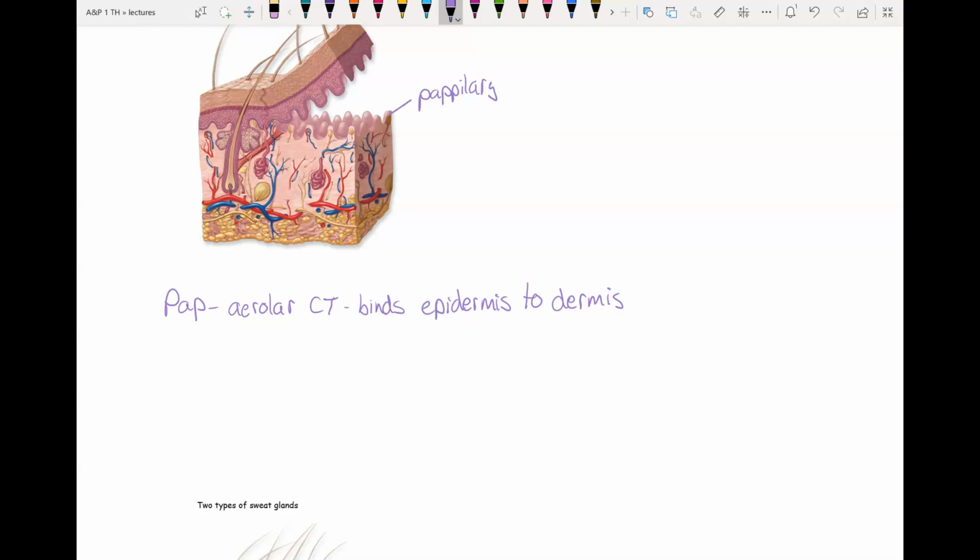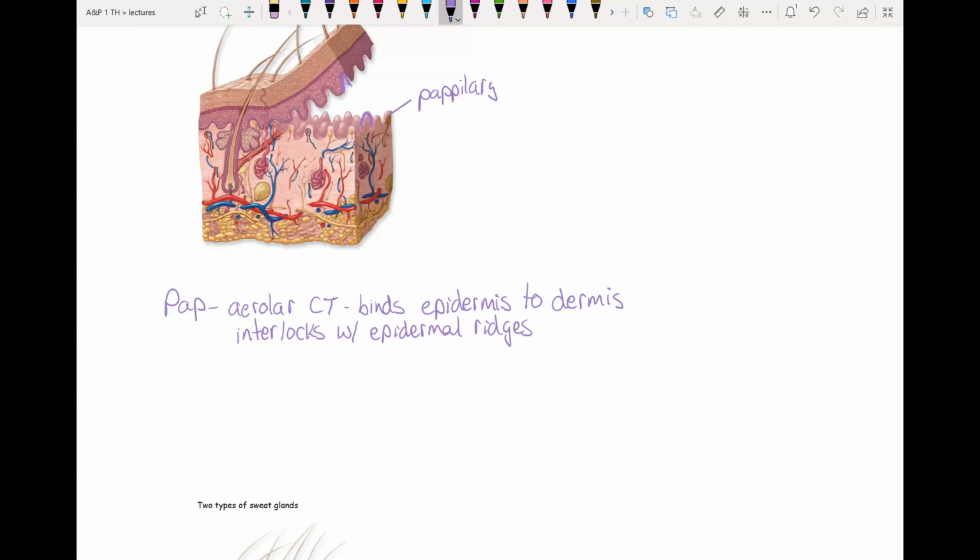Okay, then also the shape. You have these bumps that lock into these grooves here. So the papillary layer interlocks with the epidermis. And again, that is to hold them together.